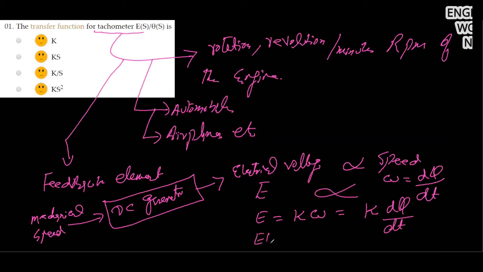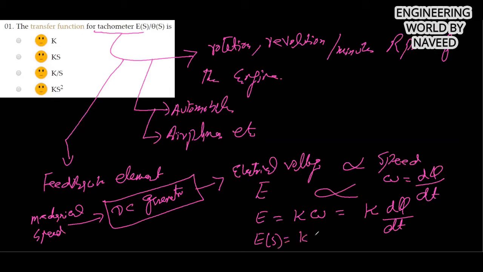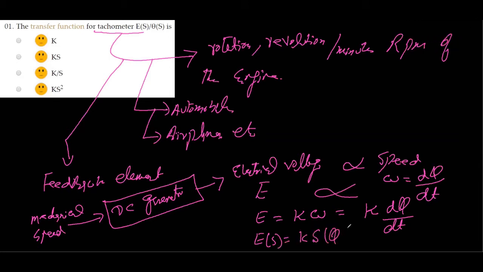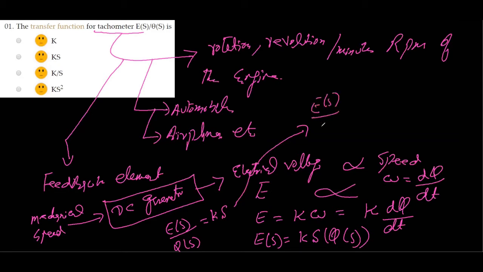So E(S) will be equal to KS theta(S). So E(S) divided by theta(S) will be equal to KS, or E(S) divided by omega(S) will be equal to K. So the question is E(S) divided by theta(S), which is KS. So option B is the correct answer.